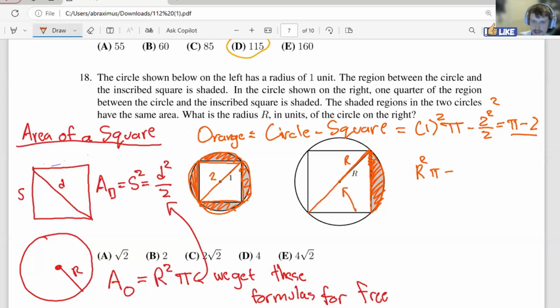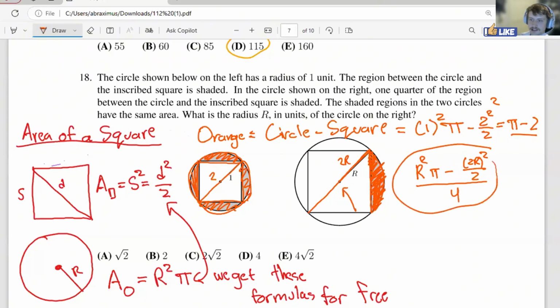This whole diagonal is 2r, so we're going to have 2r squared divided by 2. And then we're not taking all of these sectors now, or these caps. We're only taking one of them. So we have to divide by 4.